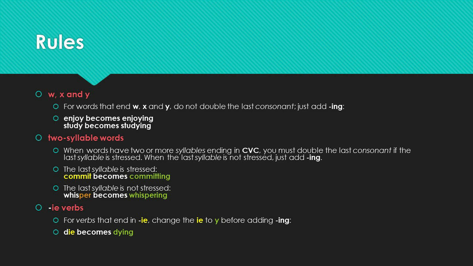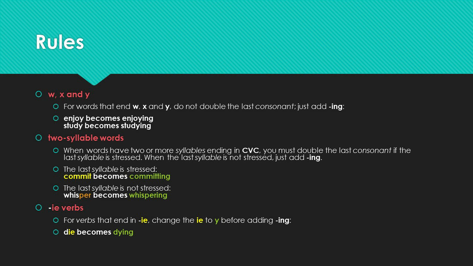If you can listen, whisper, right? It is not whisper, no, it is whisper. So we just need to add the ing because the first syllable is stressed and not the last one, right? So whisper becomes whispering, right?